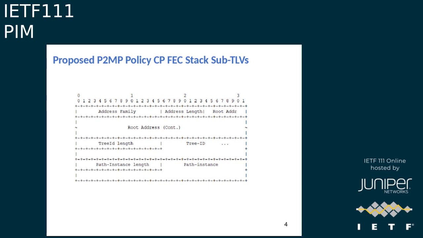Since there's nobody else in the queue, Hooman, it seems like the reason that you're proposing this is because the existing echo request and reply mechanisms for segment routing don't work for point-to-multipoint. Is that correct? Is that why you're doing this? Yes, exactly.